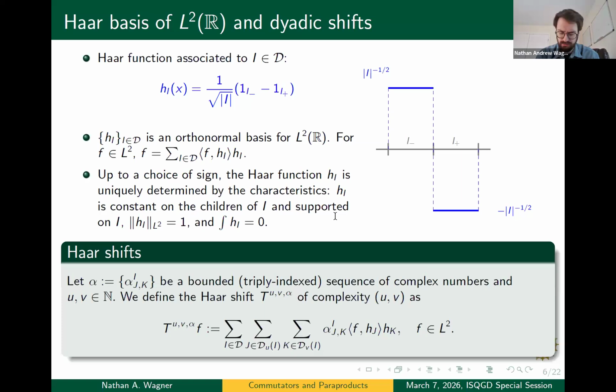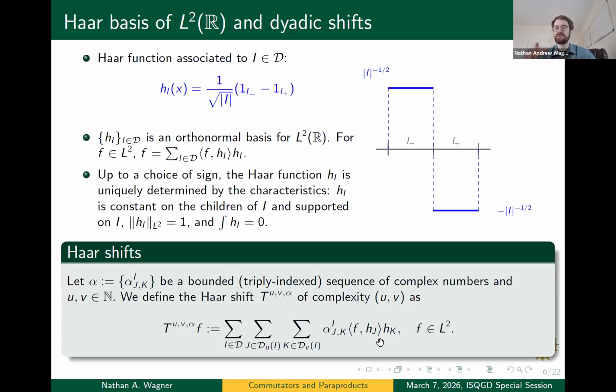But we want to basically look at operators called Haar shifts, which map Haar functions to Haar functions. So if you look at the definition here, the Haar function h_j, which is embedded a certain number of levels down in an ancestor interval I, is mapped to another Haar function supported on K, which is also a descendant of I, but at a different dyadic level.